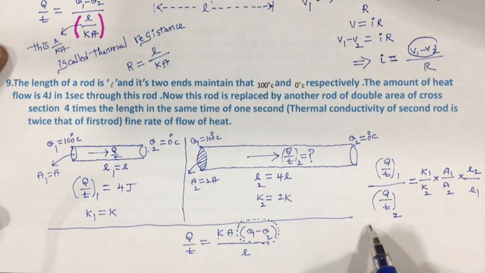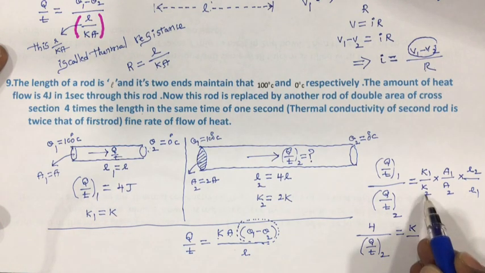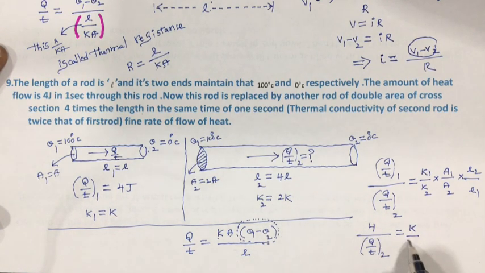So 4 upon Q by T, rate of flow of heat in the second rod is equal to K1. K1 is K, upon K2. K2 is 2K, times A1 is A, A2 is 2A.